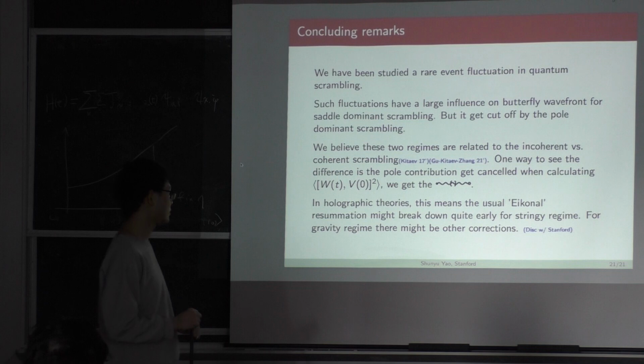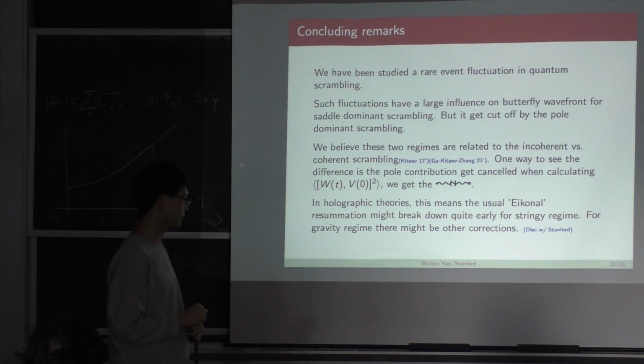And somehow this calculation, or this quantum fluctuation, tells you that for the stringy region, or the region dominated by the saddle point, those kernel resummations might break down quite early because of this broadening effect. For the gravity region, it's unclear. We tested this effect is not significant there, but there might be some other effects. Okay, so let me stop here.